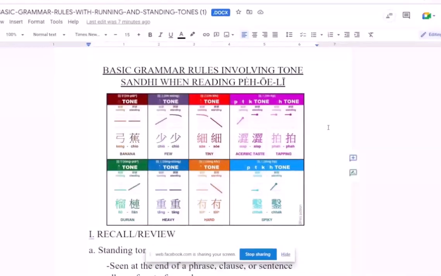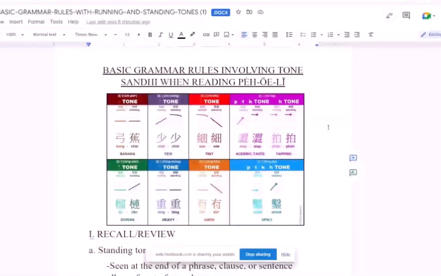To add on to what Tim said, as you can see on the tone chart, you see that there are tone diacritics or tone marks. So usually, if you only rely on speaking, you will have to get used to the habit of asking the native speakers how to say this a lot of times.